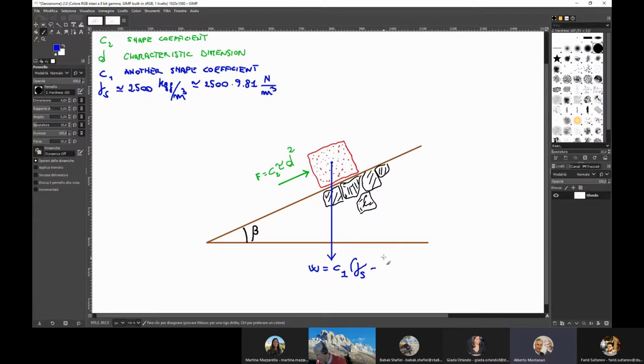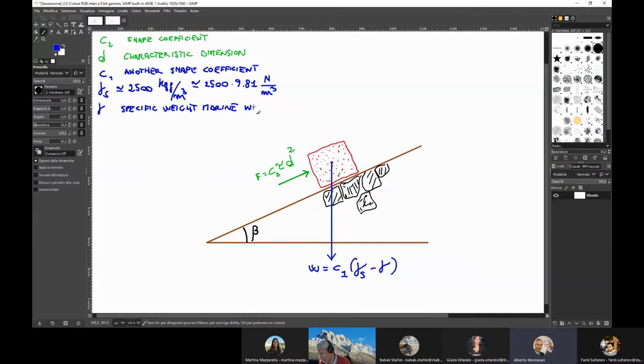We have to subtract now the specific weight of marine water. Gamma is the specific weight of marine water.